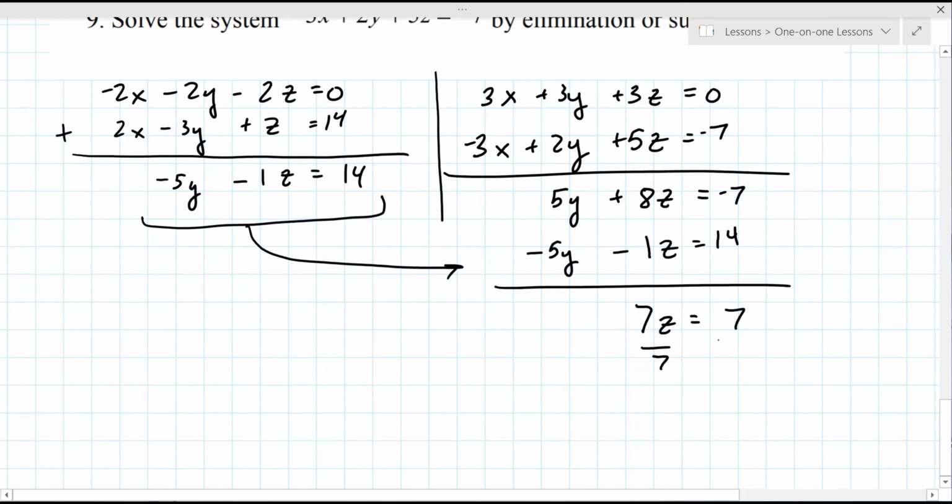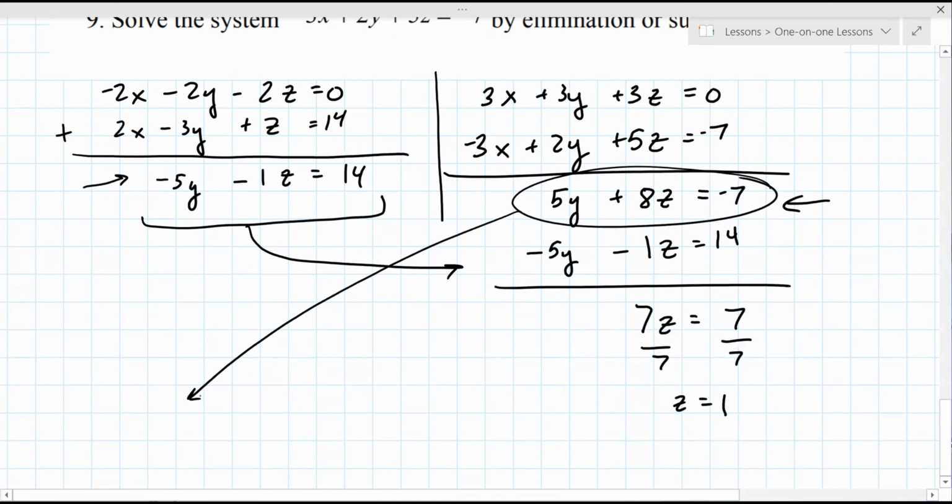Divide both sides by 7. So z equals 1. Okay. Now you have two equations you can go back to. You can either go back to this one with the arrow or this one with the arrow and find y. It doesn't matter, but I'm going to choose this one. I'm going to bring it down here. 5y plus 8z equals negative 7.